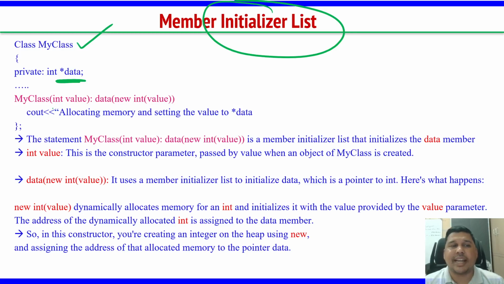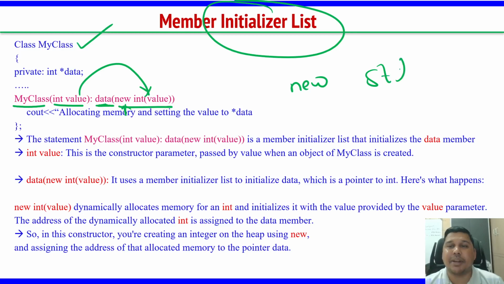Okay, so the syntax is very simple. MyClass, that is the class name, int value, and data is the actual private variable of int value. You can write it like this. So this will come, and the same will come here. Okay, new is again a keyword in C++. Again we have to study STL libraries for that.